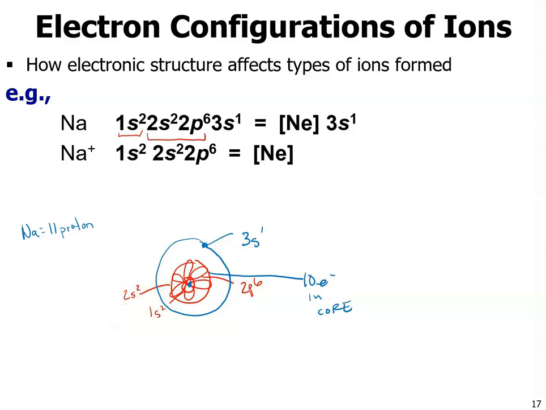So the effective charge that this element's seeing is a plus 1 charge. But that's not very strong. It's just a plus 1 charge. It's not like we have a plus 2 or plus 3 or plus 5. So there isn't very much strength in that charge. It's kind of like a really weak magnet. So we're able to pretty easily remove that electron.